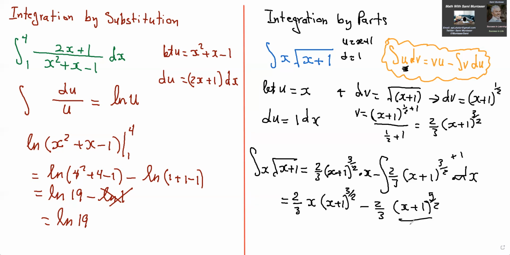And then you have to divide by 5 over 2, which gives you 2/3 x plus 1 to the 3 halves minus, you're going to bring this to the top and flip it so it becomes 2 over 5. So that will give me 4 over 15 brackets x plus 1 to the 5 halves.